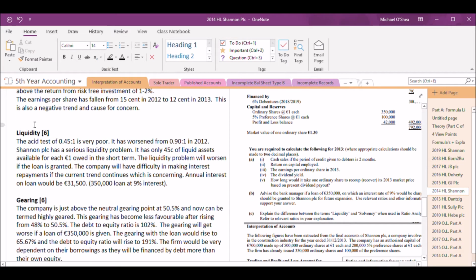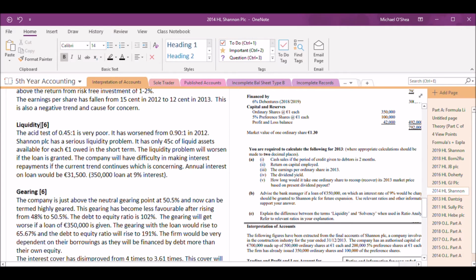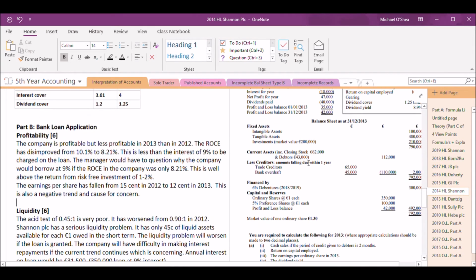My second one here is the quick asset test ratio, 0.45, very bad. It's worsened from 0.9, which is already kind of bad enough to start with. They have a huge liquidity problem. They have only 45 cents available for every €1 that they owe in the short term, and we can see here that their creditors within 1 year are going to be a lot larger than their current assets if we exclude closing stock, because this here is current assets minus closing stock.